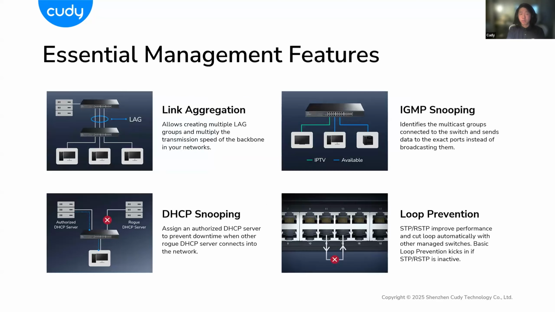That's QoS. And some other essential management features. The two worth introducing here include link aggregation, which allows you to build a faster backbone within your building, within your offices, like combining multiple lines and multiple ports to multiply the speeds. And the second one worth introducing is DHCP snooping.